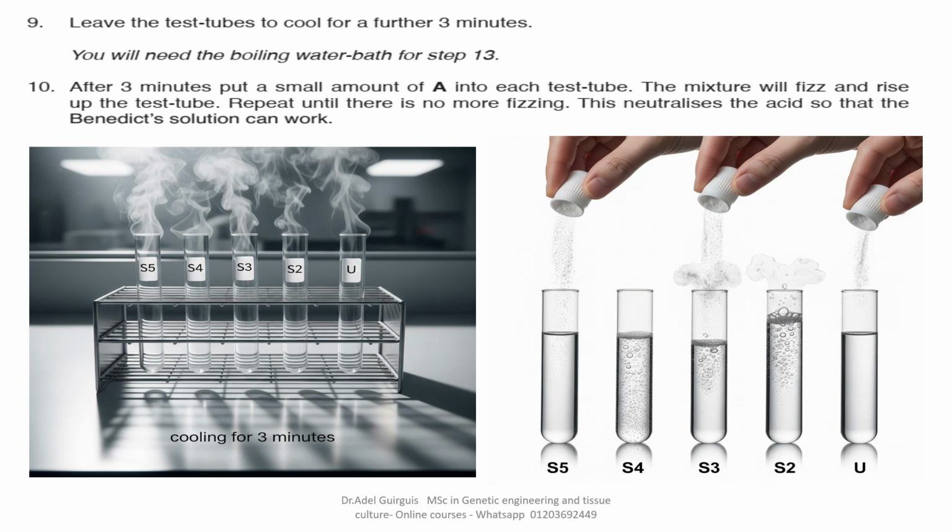Just as sodium hydrogen carbonate reaches the content of each test tube, fizzing takes place. Why? Remind yourself with chemistry, this is the acidity test. Fizzing occurs due to release of carbon dioxide.